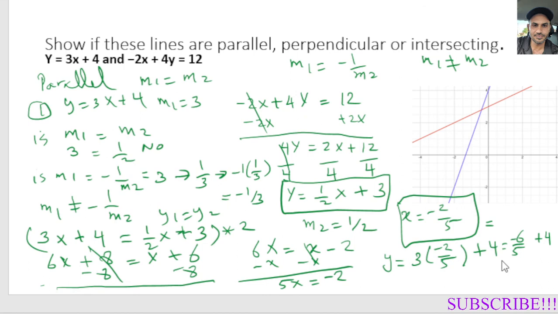Simplifying, 20 minus 6 is 14 over 5, which is 2.8. So this point right here: the x value, which we already figured out, is negative 2 over 5, and the y value is 14 over 5, which is 2.8. Hopefully this helps.